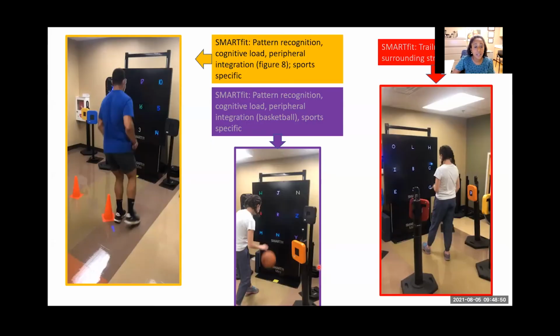In this next slide, I have examples again with my fellow who is my fighter. In this activity, I have him recognizing a pattern on the display board. While he's doing that, he's involving some peripheral integration by walking in a figure 8 pattern, or running, I should say, around these cones.